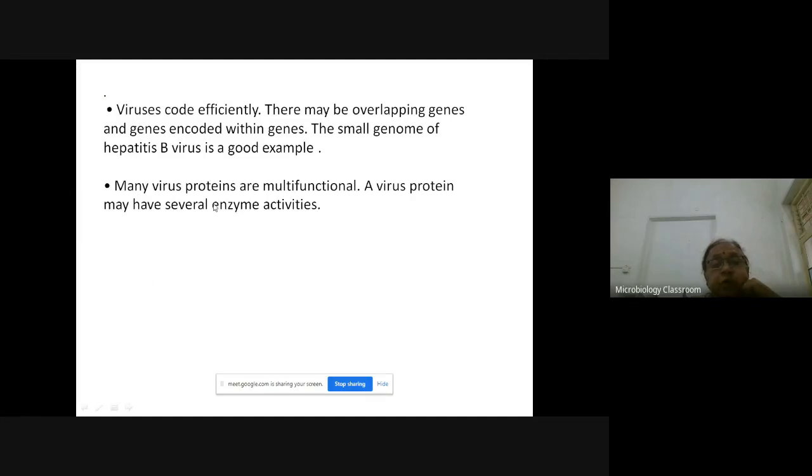So virus proteins, which are produced from the viral genetic material after the transcription and translation, are also found to be multifunctional. A single virus protein may have several different activities or enzyme activities.